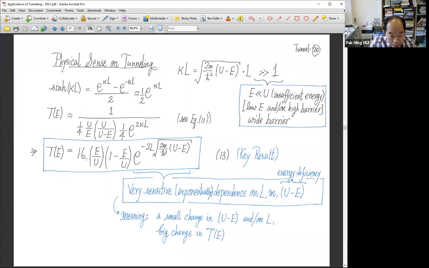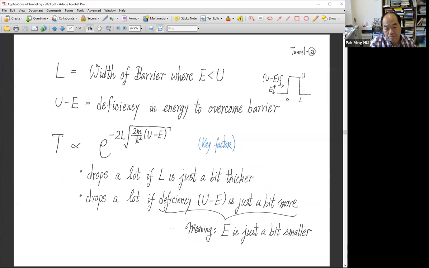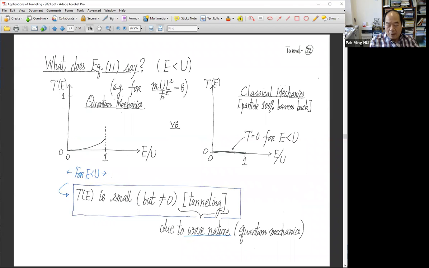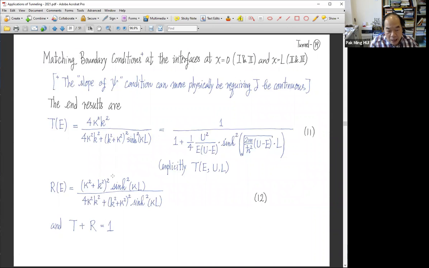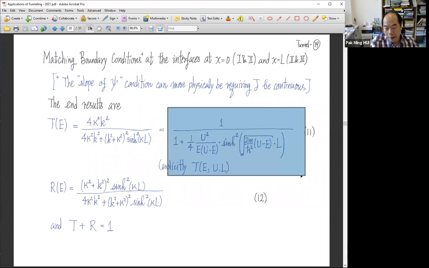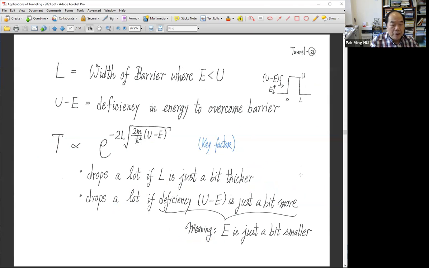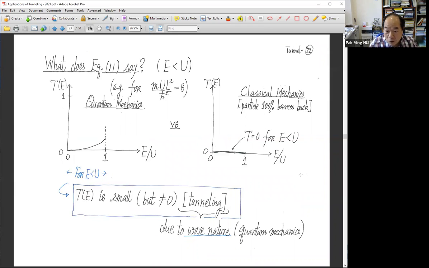Although there are other behaviors in the prefactor, the exponential one is the most important physics. Then look at what this answer means, okay? In plotting, I'm using the complete form, the total form. So tunneling means the following scenario.